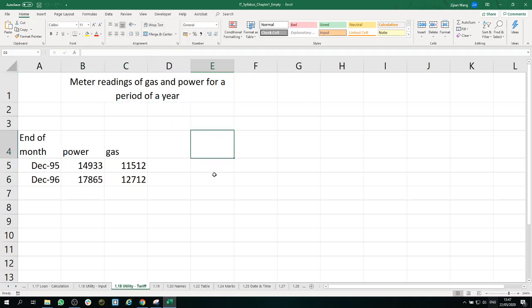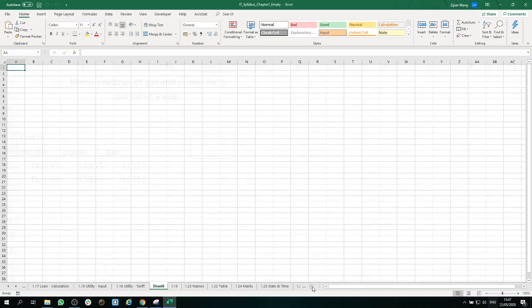The next step is to create two more sheets. One of them is called utility gas and the other one is called utility power. So first let's rename the utility gas. This is what we just created.